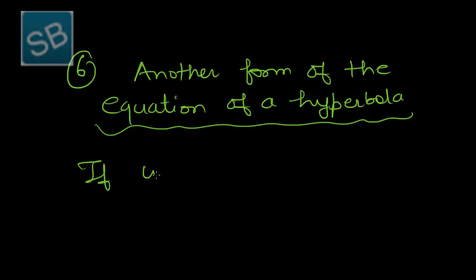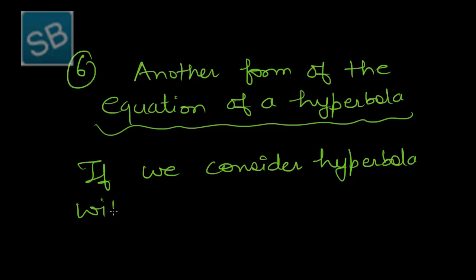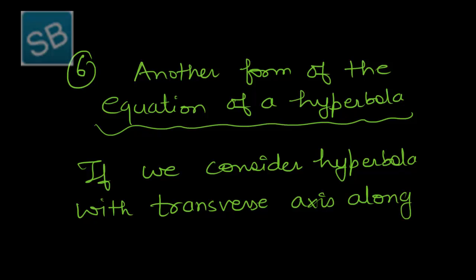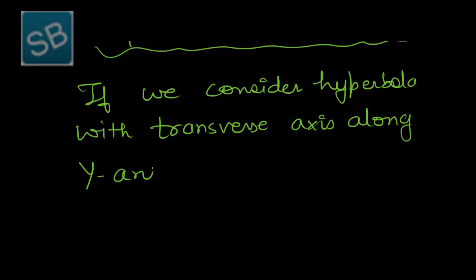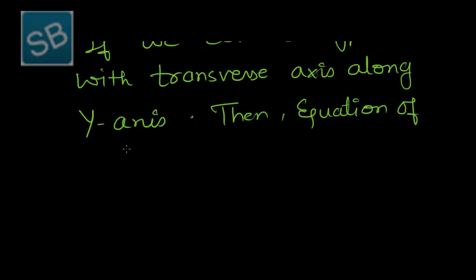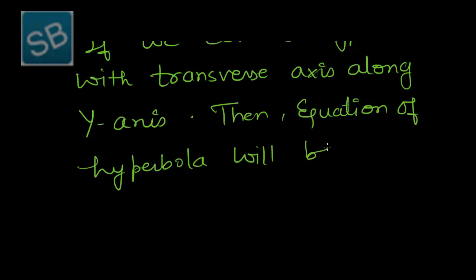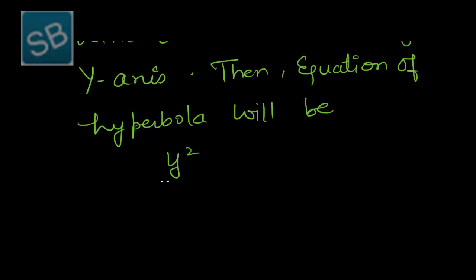If we consider a hyperbola with transverse axis along the y-axis, then the equation of the hyperbola will be y square over b square minus x square over a square equals 1.